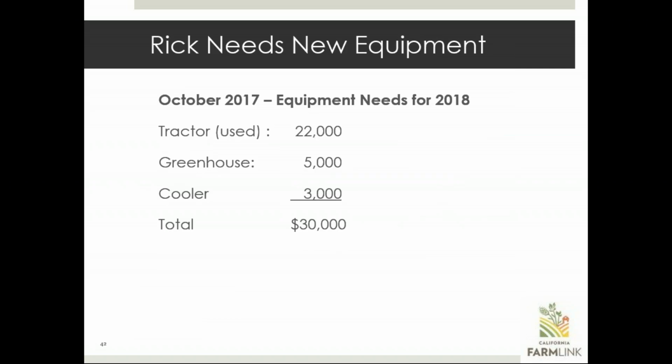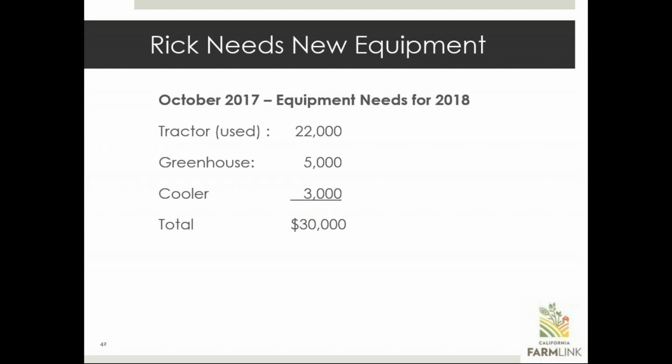Rick needs new equipment. Yes. Please. So we're just going to look briefly at how taking on financing and purchasing equipment, which are capital assets that show up on the balance sheet, relates to the cash flow and the balance sheet in particular.